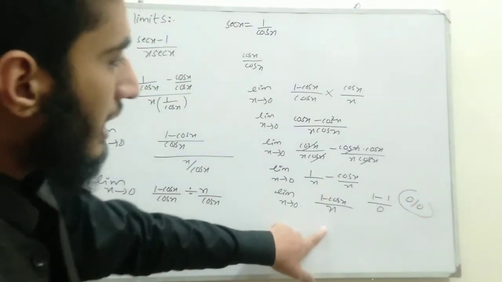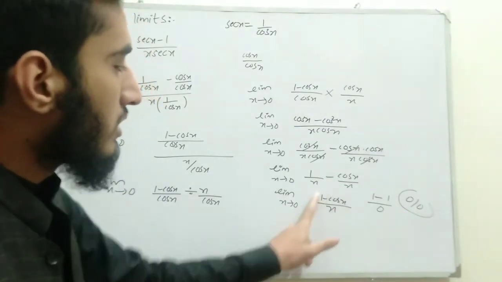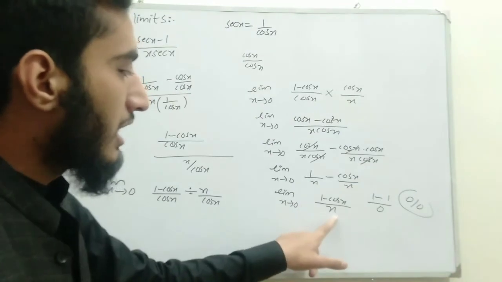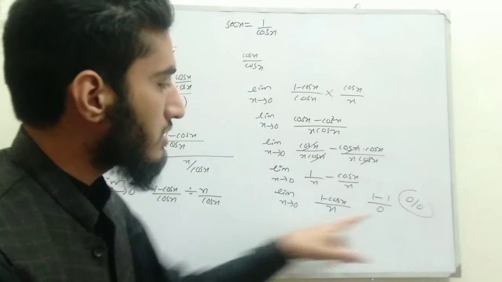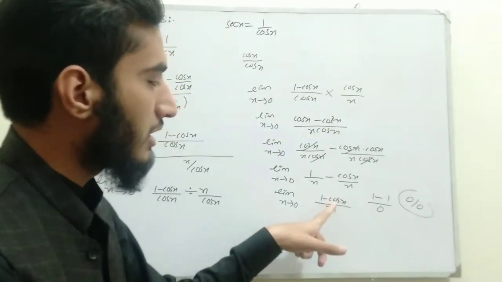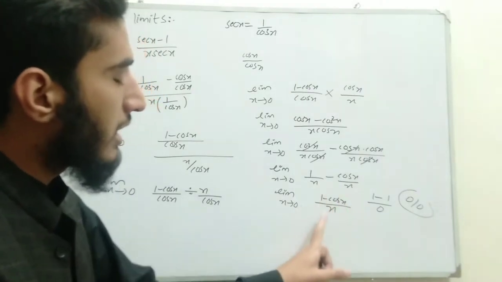Over here we have an indeterminate form, so we will differentiate this 1 minus cos x divided by x according to the L'Hospital rule. We already learned in the previous part that when this form comes in trigonometry, in cos x and secant x functions, we will differentiate each and every term separately.